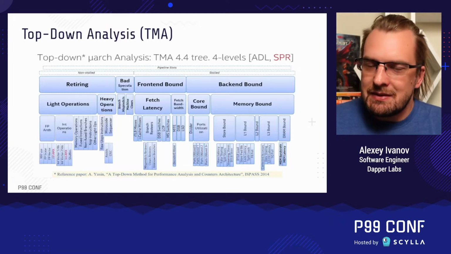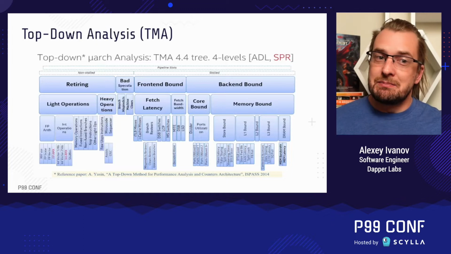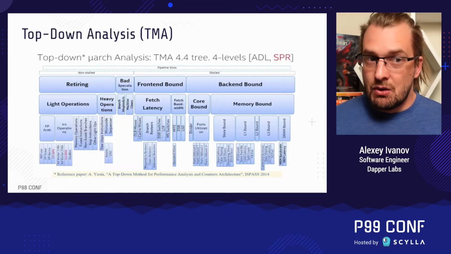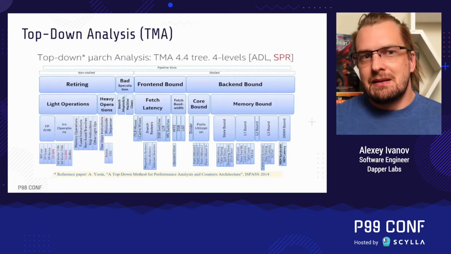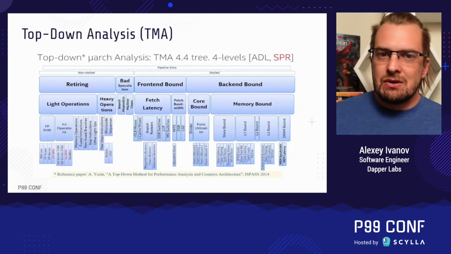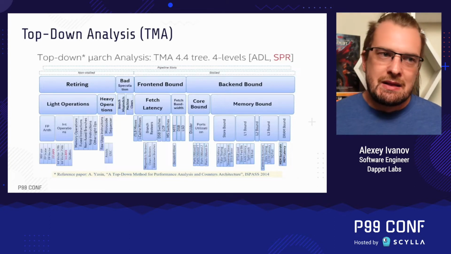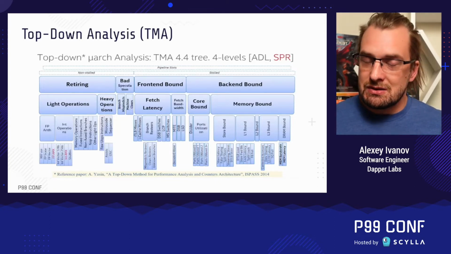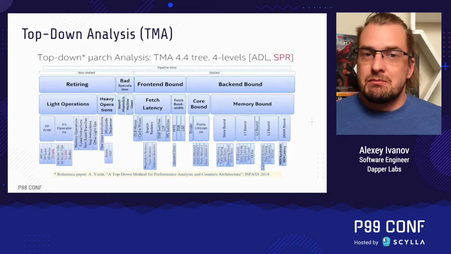Long story short, the CPU pipeline is just a pipeline at the end of which you have instructions retiring or not retiring. If they're retiring, that's good. If they are not retiring, the CPU is stalled. Then on the next layer, you can divide retiring instructions into actually useful instructions, or bad speculation.